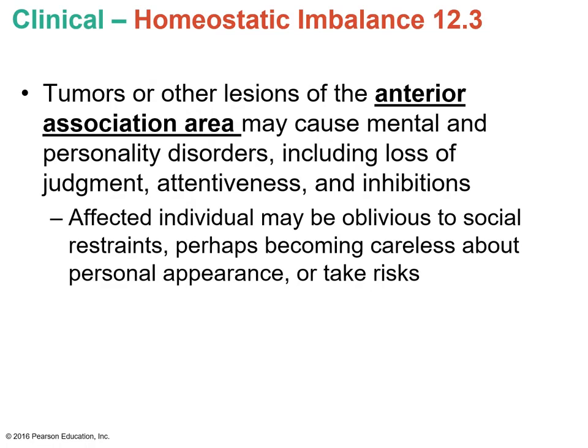If there is a tumor or some type of lesion in the anterior association area, it can cause different personality disorders. It can cause things like loss of inhibition, problems with attentiveness.